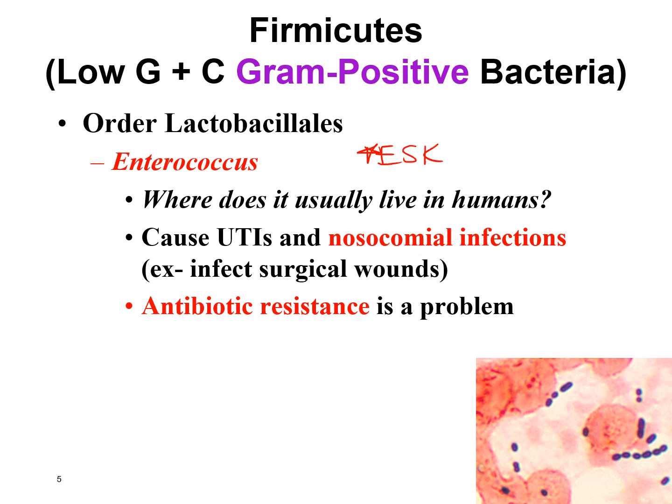And being one of the ESCAPE pathogens, antibiotic resistance is going to be a problem with this bacteria. And also it can cause some infections in hospitalized patients. So it can cause these nosocomial or healthcare associated infections. So maybe it gets into a surgery wound, it can cause UTIs, so it can cause some problems.